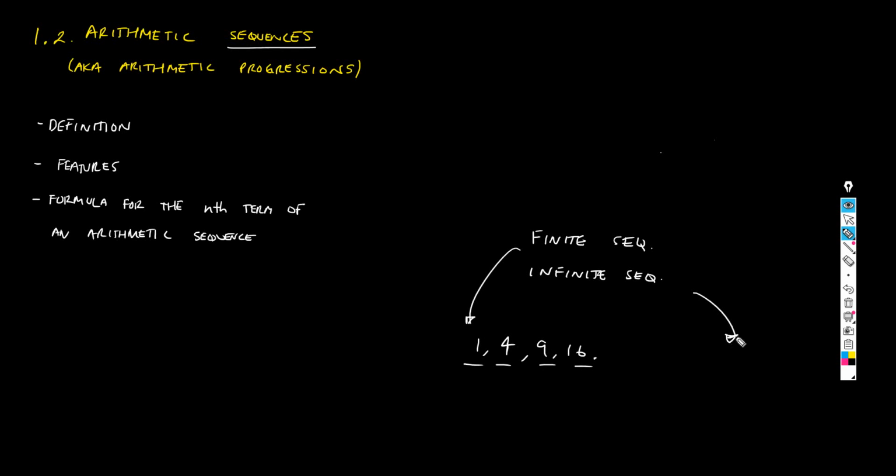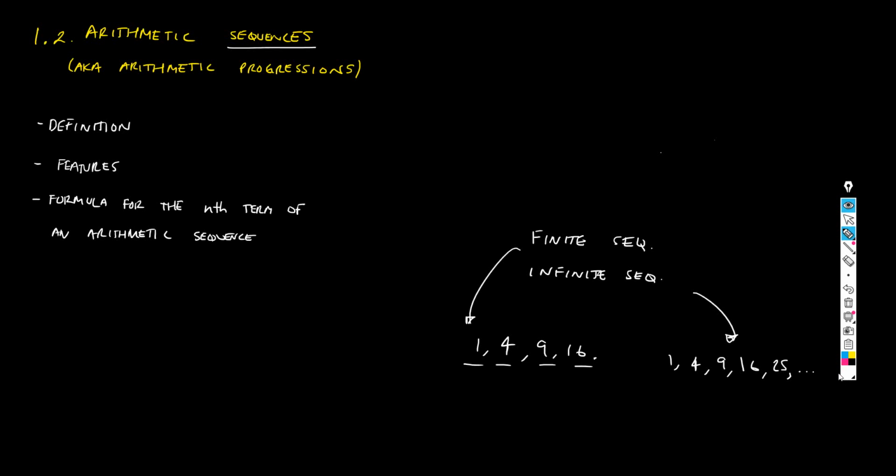Now, an infinite sequence is one that goes on forever. For example, following the same example, which is the square of the natural numbers, I can write 1, 4, 9, 16, 25. And then when you read these 3 points in mathematics, it means the same as in everyday life or in literature.